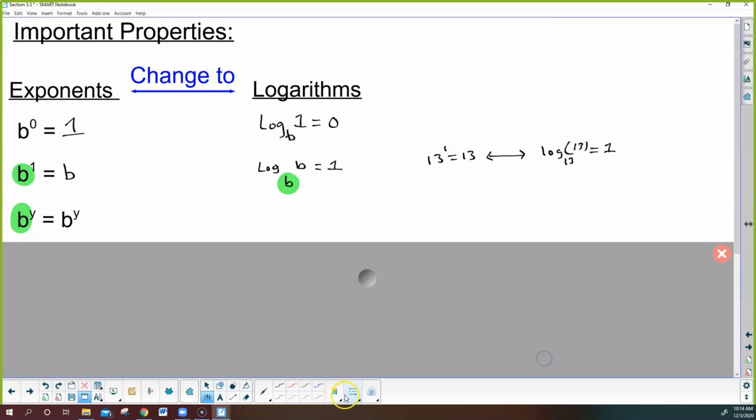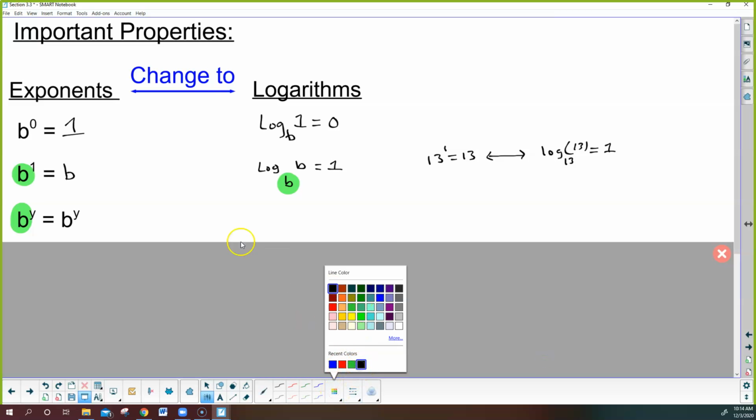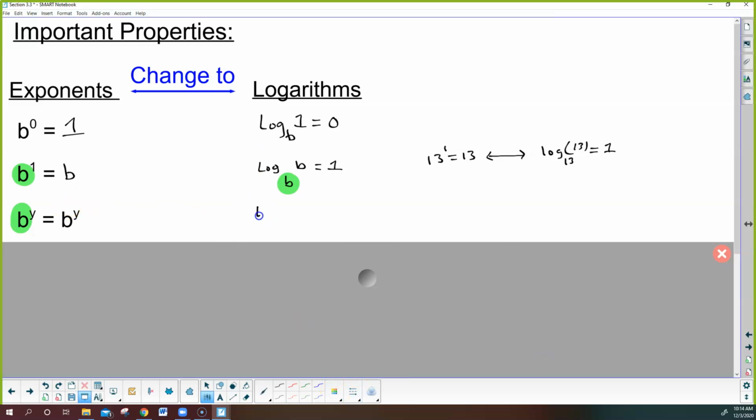So if I do my change of form from exponential to log, it's going to be the log of the green base, b, of the answer. The answer is b to the power of y. Well, that has to equal y.